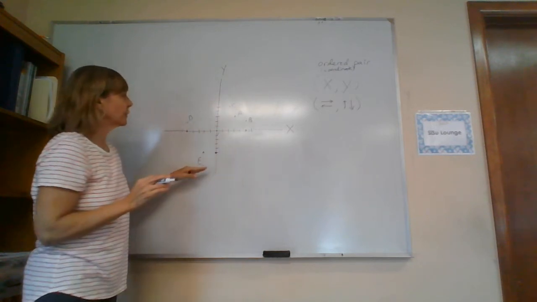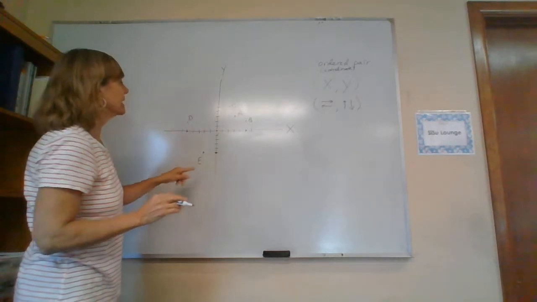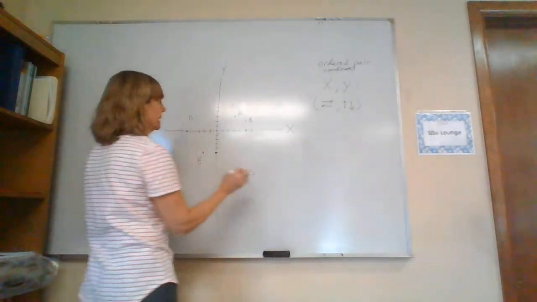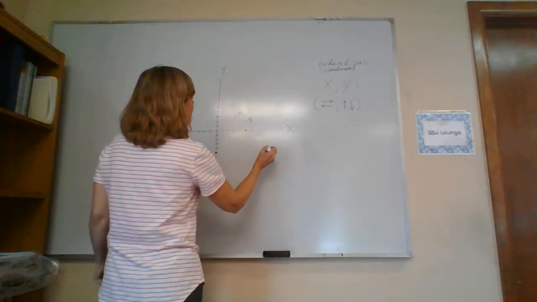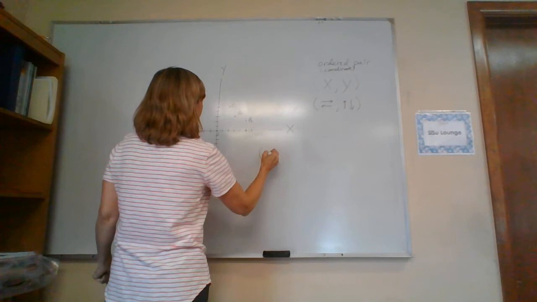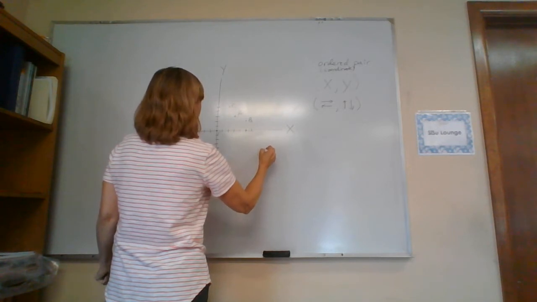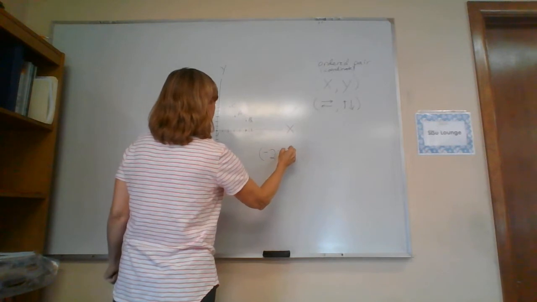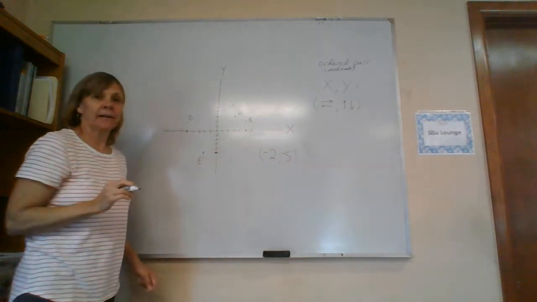Maybe there's these points written on here, and what they will say is which letter represents the point negative 2, negative 5.